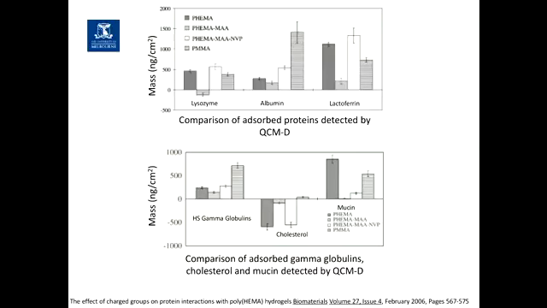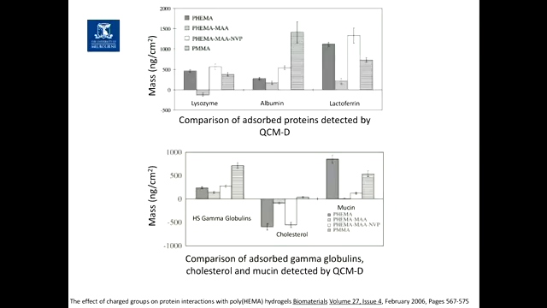I've mentioned QCMD before. Does anybody remember me mentioning QCMD before? Quartz crystal microbalance. This is a technique that came out around the 2000s, and it was the first piece of equipment that allowed people to measure things in nanogram amounts.